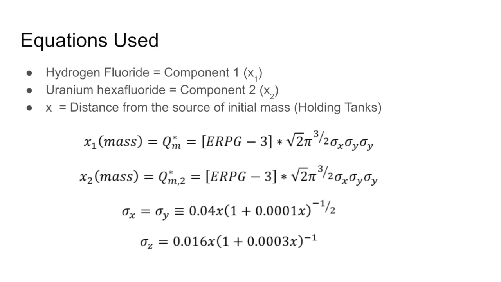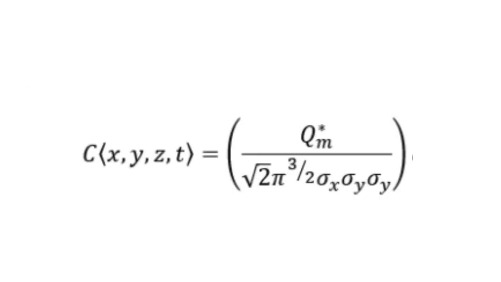So when we look at our simplified equation from the PGP model, our Qm is equal to the mass, which is going to be equal to our ERPG 3 value of the specific component multiplied by the denominator. The denominator is a function of how each species present in the atmosphere is going to disperse.